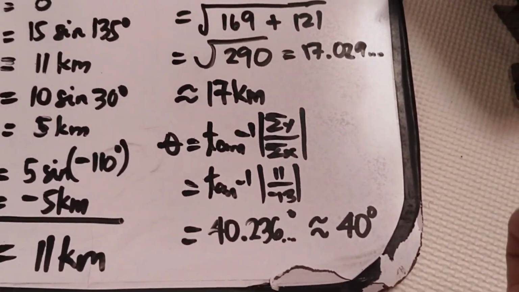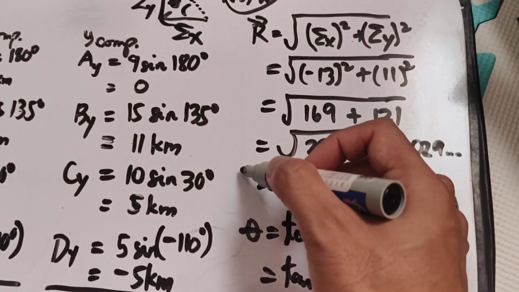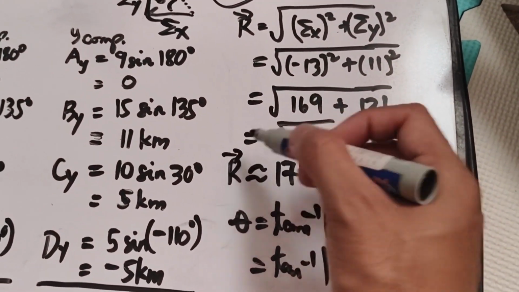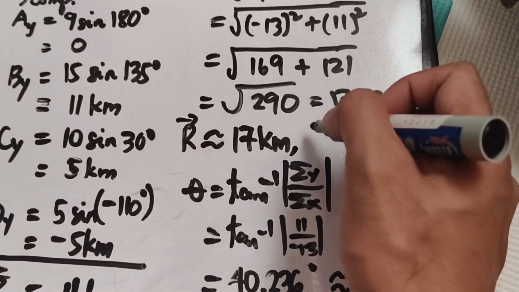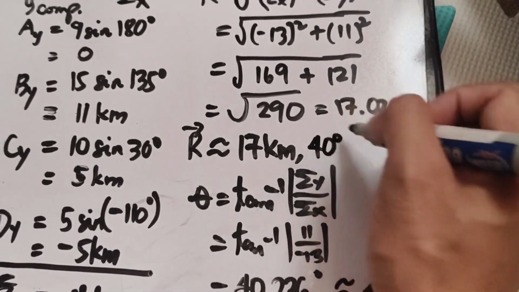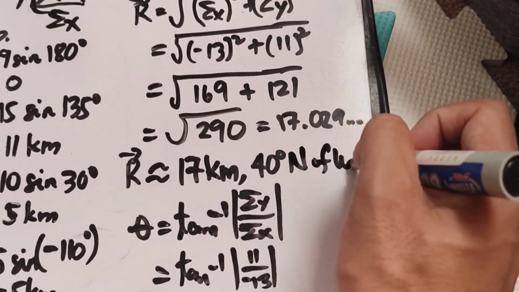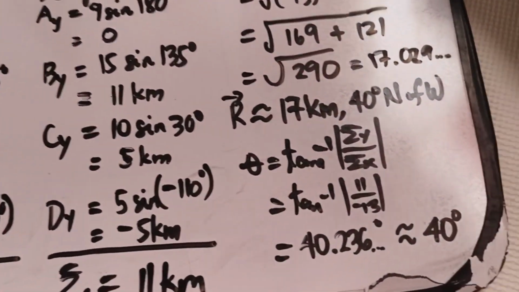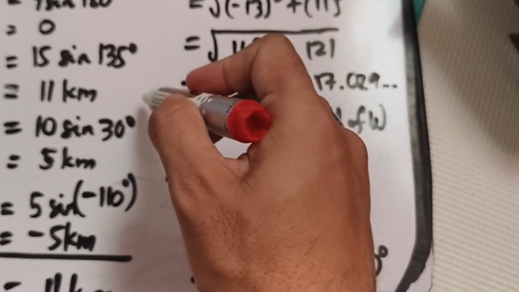Alright, so therefore the final answer for the magnitude and direction of the resultant vector has a magnitude of 17 kilometers directed 40 degrees north of west. Okay, so that will be our final answer. Ito, ibabox natin siya ng red.